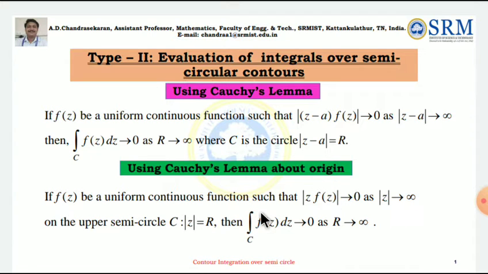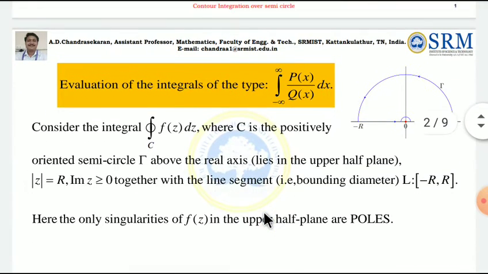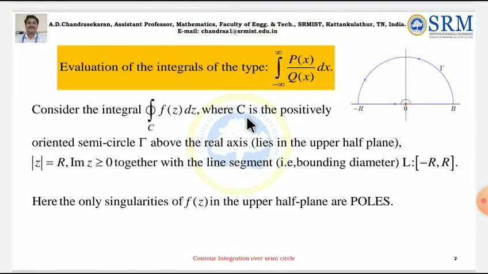Got it? Let us see how to proceed with problems under the semicircle type. So the working procedure or the rule for this type 2 is, now the given integral is of the form integral from minus infinity to plus infinity of p of x by q of x into dx.